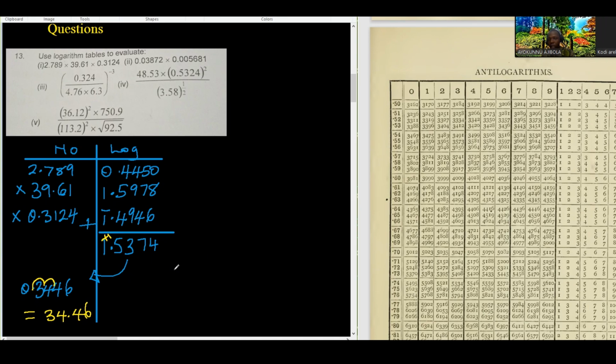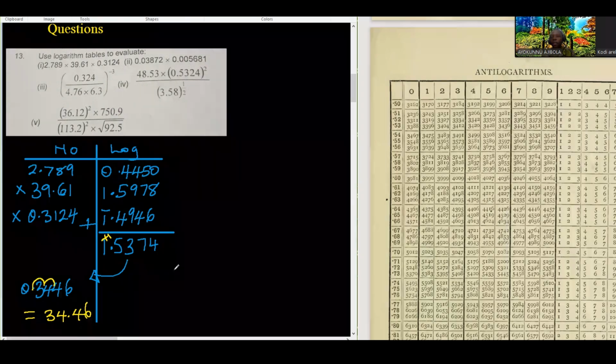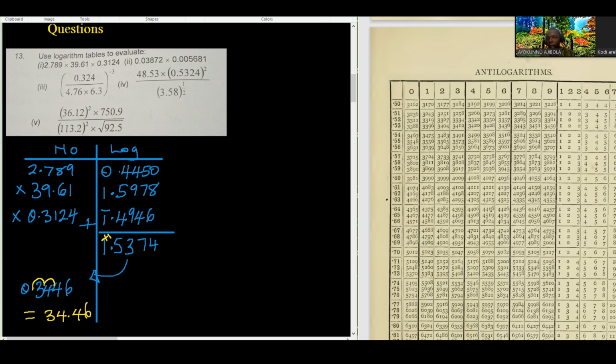Let me ask. Check very well. This logarithm, the one where I got this 4450, did you get this one in your answer? Maybe no, right? So that means you should be very careful when checking, because if you get a wrong value, or we're using a calculator to check the log, or we're using four figure table.